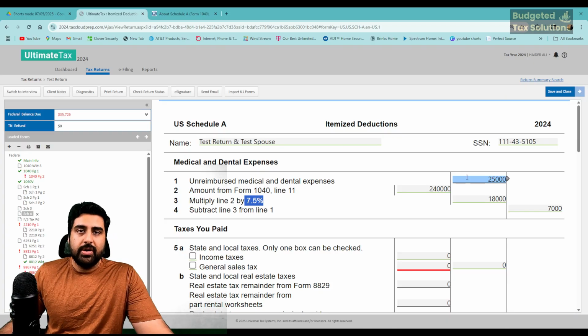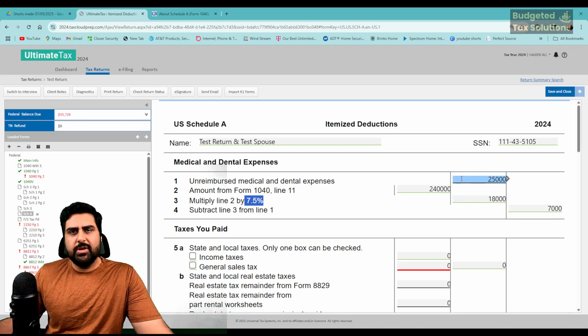But for 2024, the number for the miles was 22 cents per mile. So let's say you travel 1,000 miles, you'll multiply that by 22 cents for 2024. For 2025, we're going to have to wait and see what that number comes out to be. But whatever number the IRS gives, you just have to multiply it by the miles that you traveled, and then you can add that number to the total.